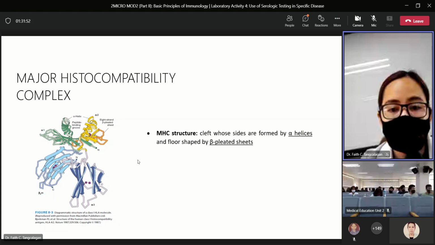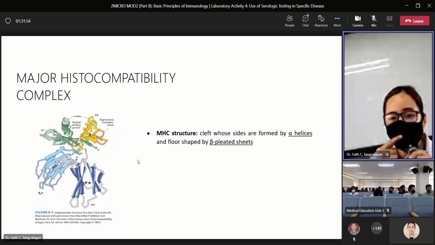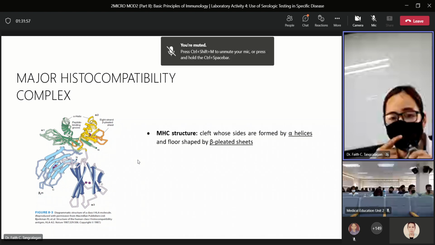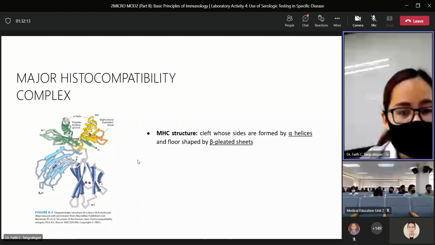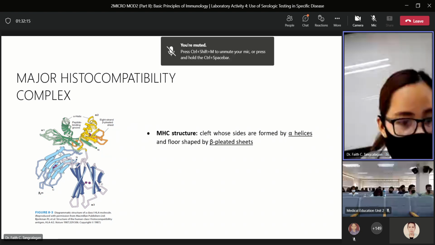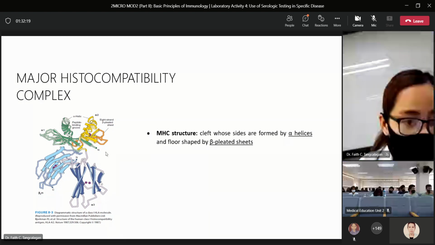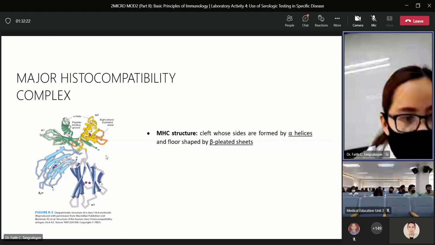I think this is a level 3 complex of chemical structure. The floor of the MHC is composed of beta pleated sheets, which are very highly complex, while the sides, the clefts, are alpha helices.